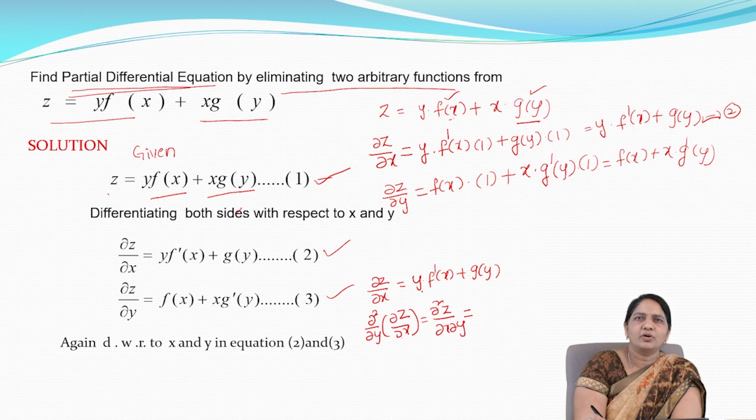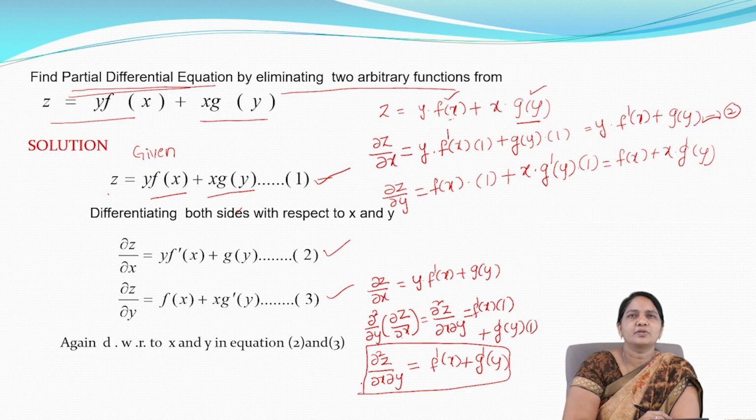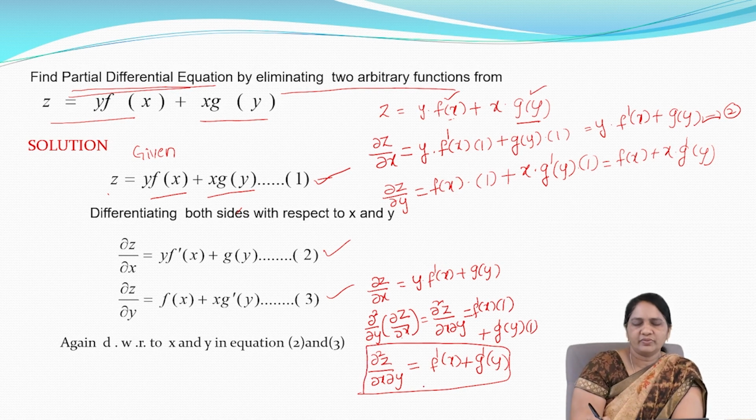So this is equal to y into, with respect to y, f dash of x is constant, y derivative is 1, plus g of y derivative is g dash of y. So finally dou square z by dou x dou y equal to f dash of x plus g dash of y. This is the value for the partial differentiation of equation 2 after doing with respect to y.